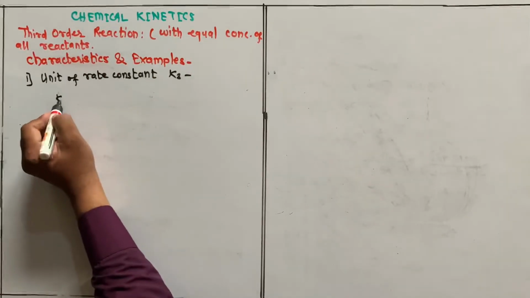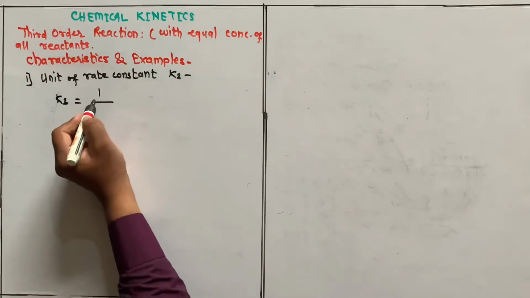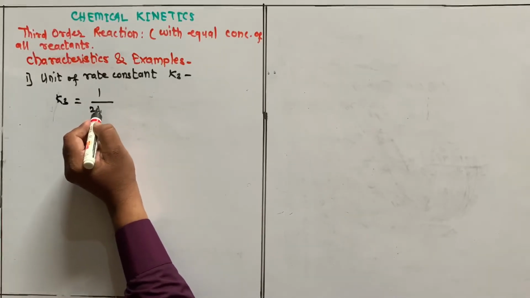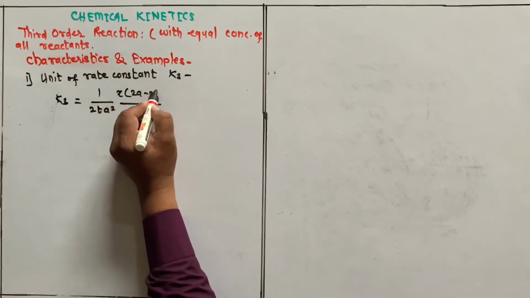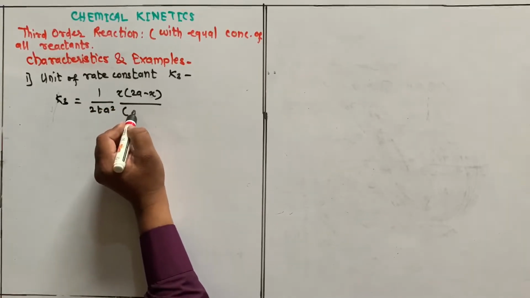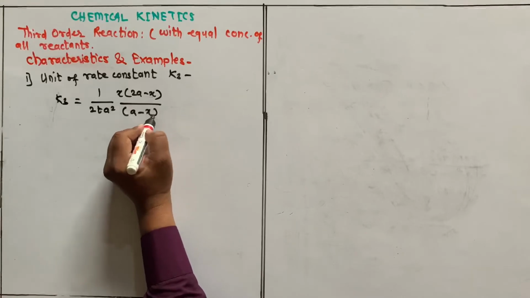Okay, now we have already derived that K3 is equal to 1 upon 2ta square into x into 2a minus x divided by a minus x square.